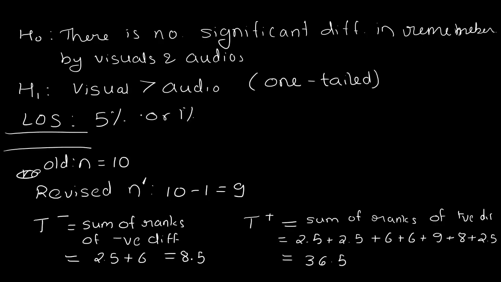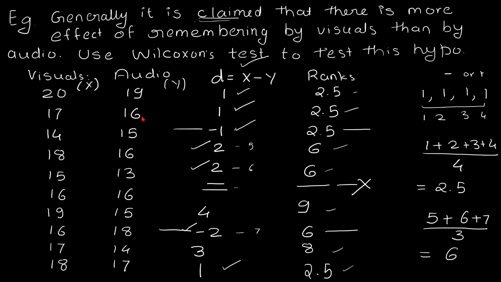Even if you check, nowhere have you used the values of x and y except for calculating these differences. So if this difference table is given directly, it is easy to allot the ranks and proceed further. So that can also be the case, that it is given directly.